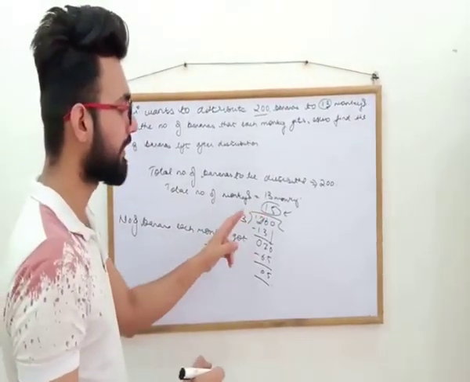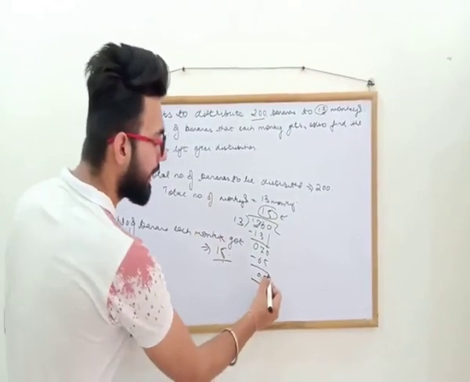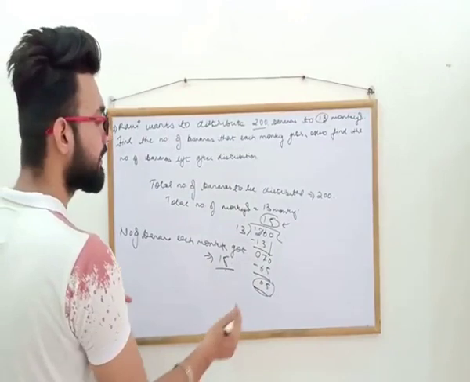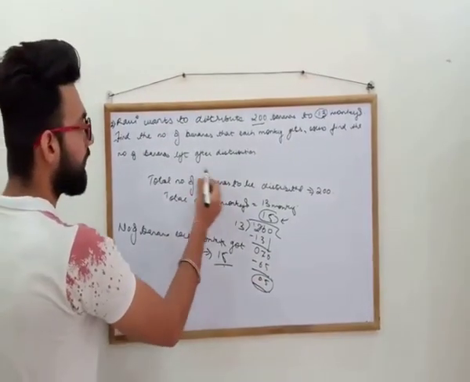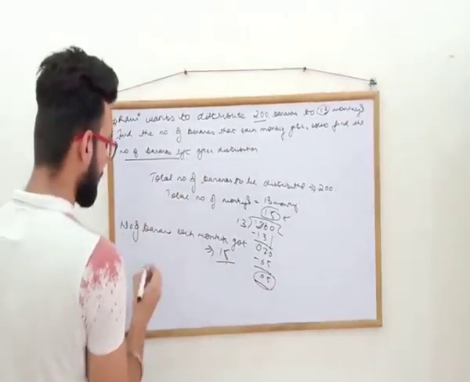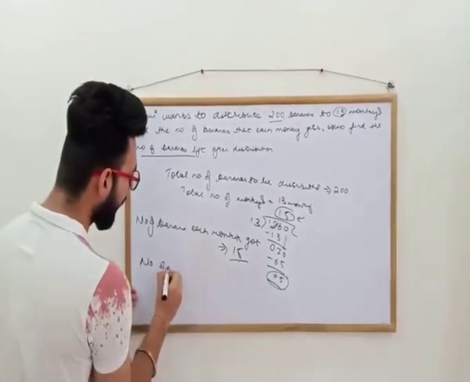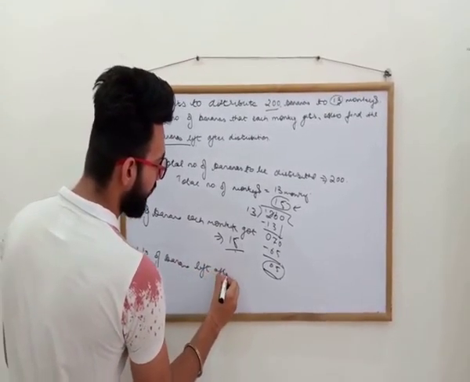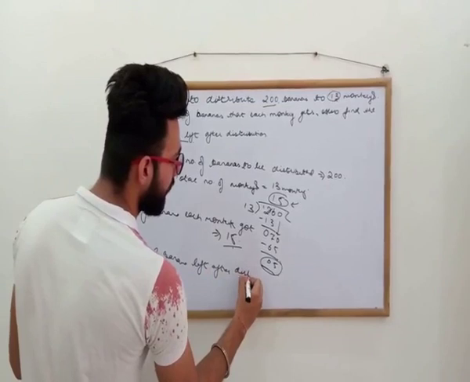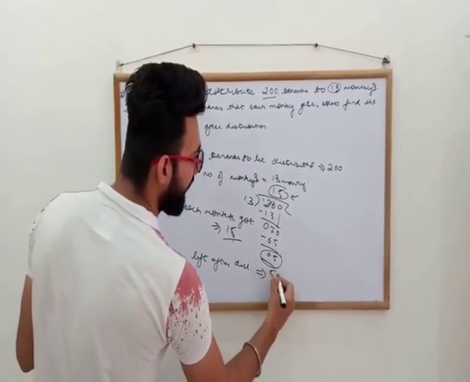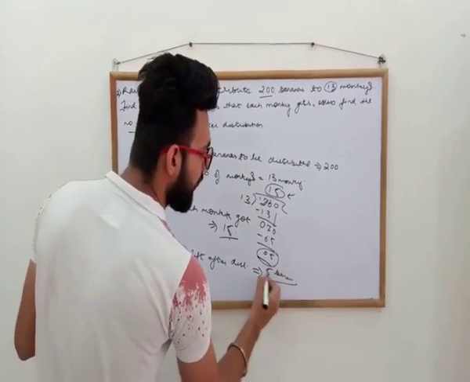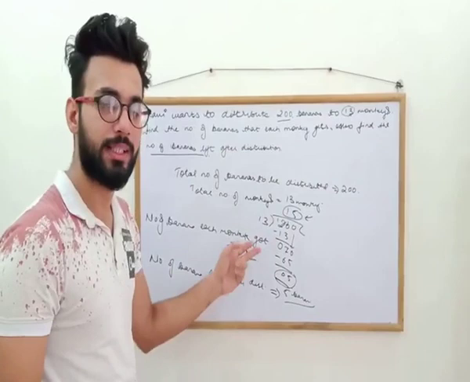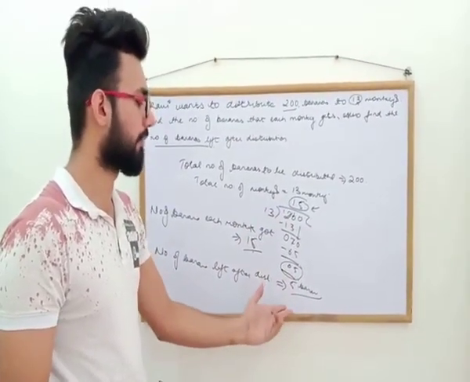Okay, 15 is the number of bananas that each monkey got, and 5 bananas is the remainder, right? 5 is the remainder, and the second question was the number of bananas left. So number of bananas left after distribution is equal to 5 bananas. Okay, so in this manner we got to know that 15 is the total number of bananas that each monkey got, and 5 is the leftover bananas.